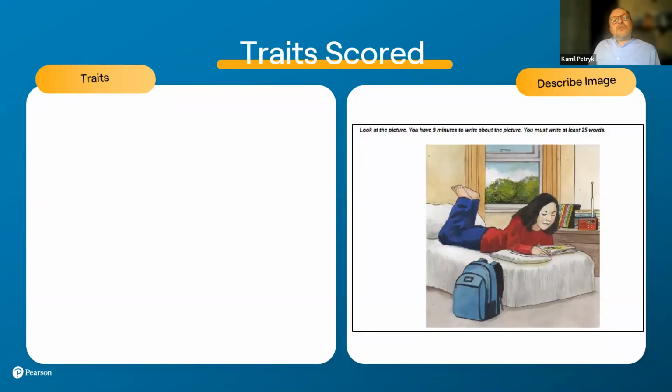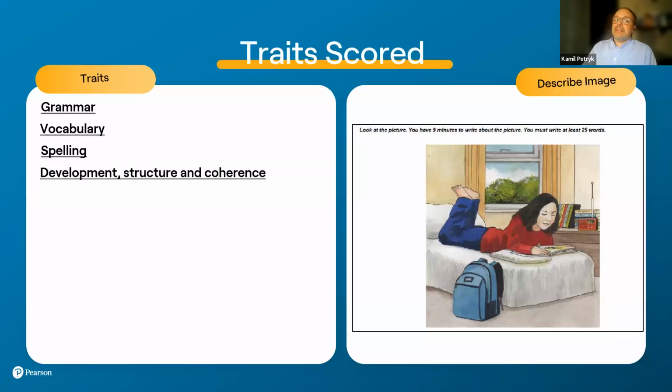So what about the traits that are scored here? How is this task assessed? Well, again, we have grammar and vocabulary, range and accuracy of those. That is scored. Spelling is obviously, the correctness of spelling is scored. The development, structure, and coherence of the text is scored.